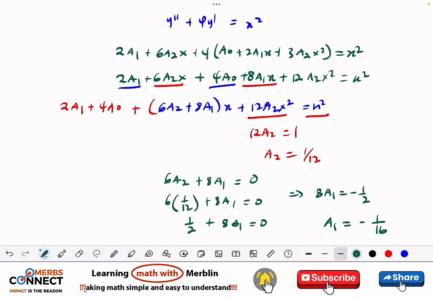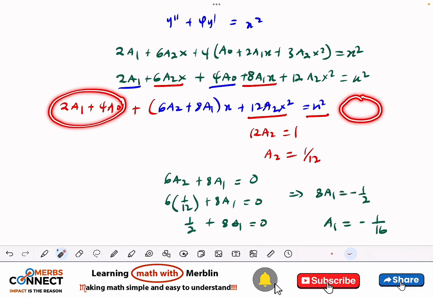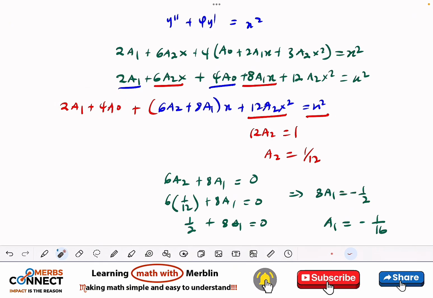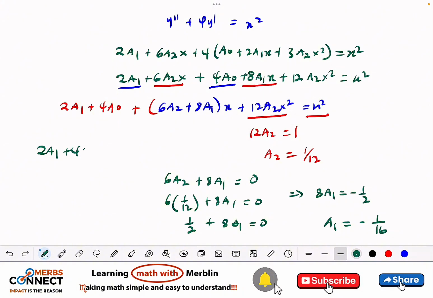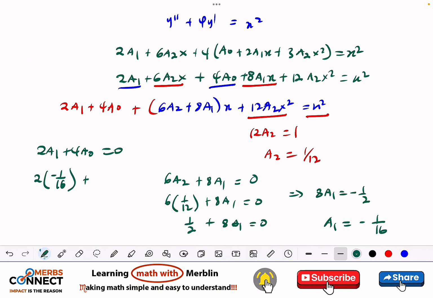Good. The last one that we need to do is the constant term. There is no constant term, so the constant term here is like 0. So I'm going to have 2a1 plus 4a0 equal to 0. I know a1, so I can find a0. So 2 times minus 1 over 16 plus 4a0 is equal to 0.